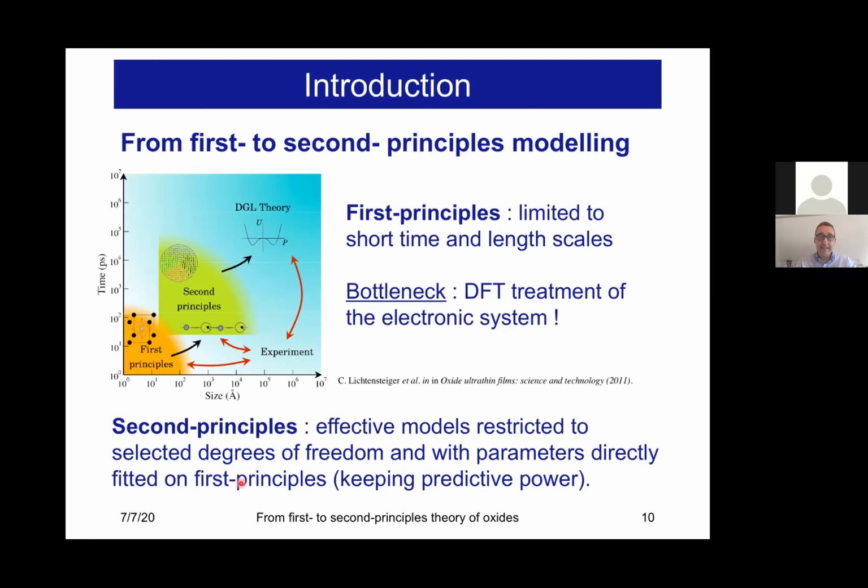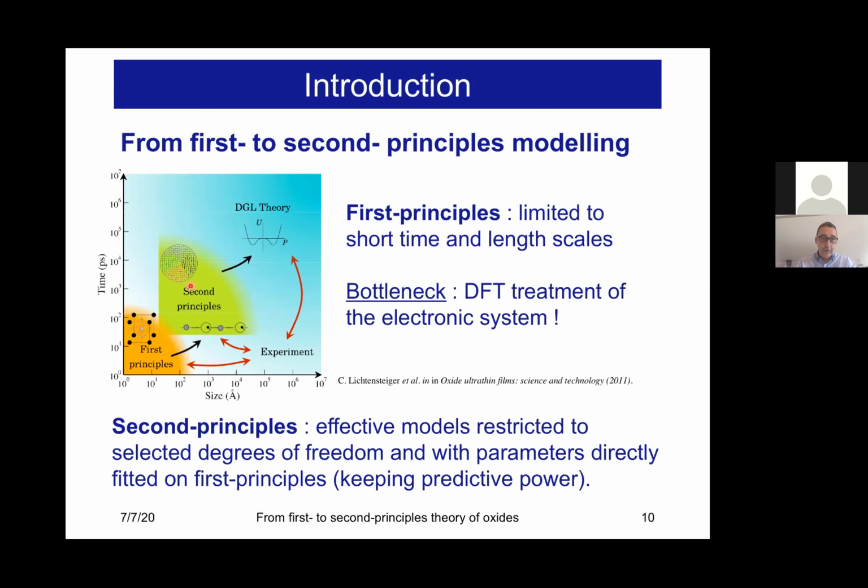We can access the microscopic quantities of the model, but instead of treating all the degrees of freedom at the quantum mechanical level as we would do in DFT, we will try to restrict to smart, effective models, but still in a first principle spirit where everything is computed and nothing is adjusted empirically.